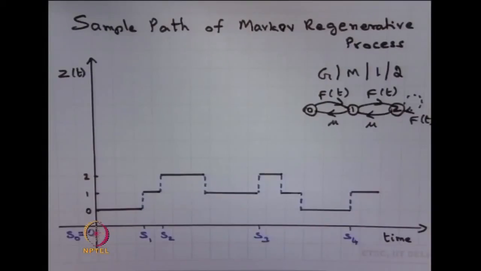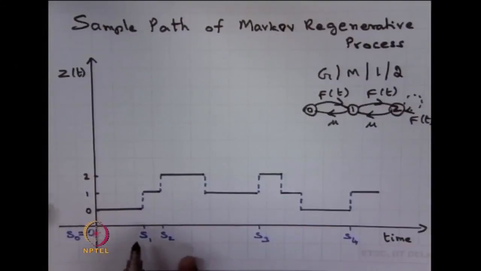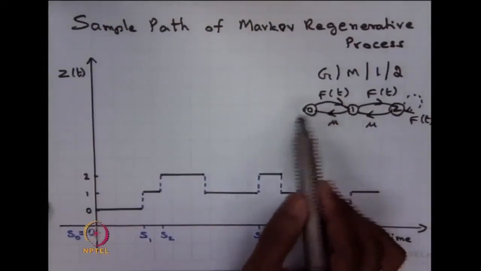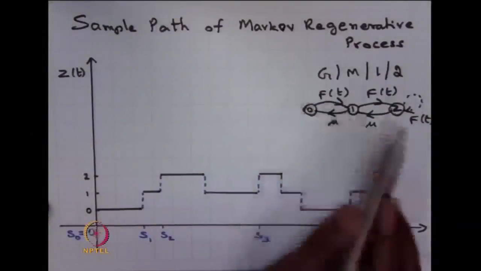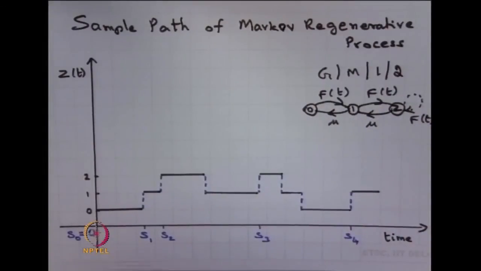As a consequence, all memory other than the state must be reset at the regeneration point. Therefore, this stochastic process is called a Markov regenerative process, and I have made a sample path for a Markov regenerative process with this example, because we are going to consider the same example later. So, here S1, S2, S3 are the regeneration time points, not the time instances at which the service completes.